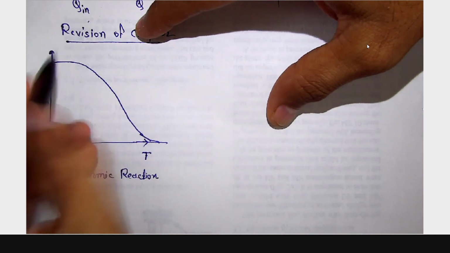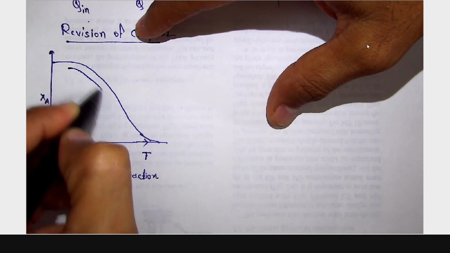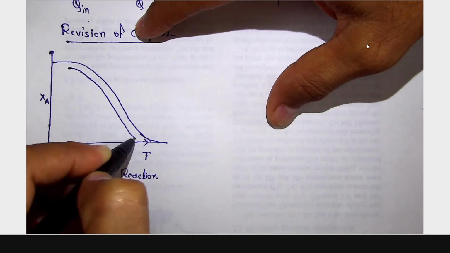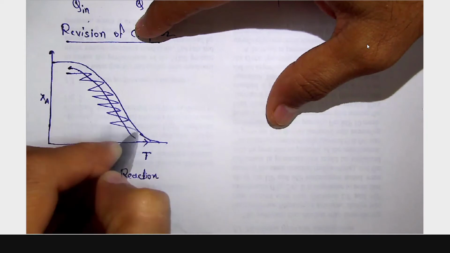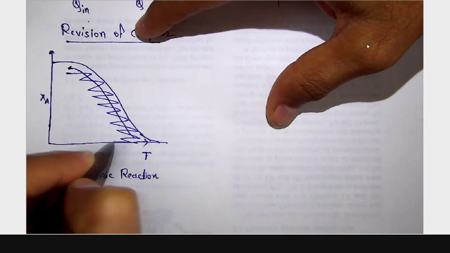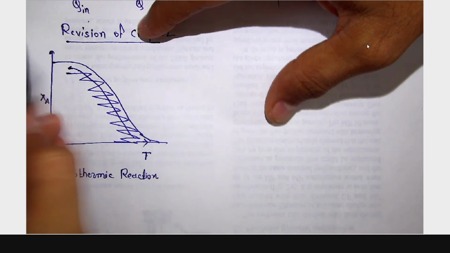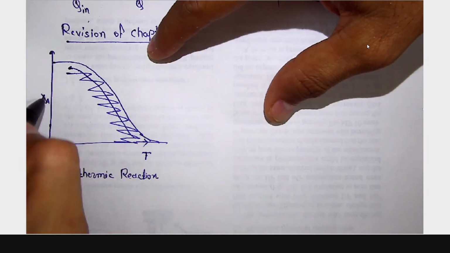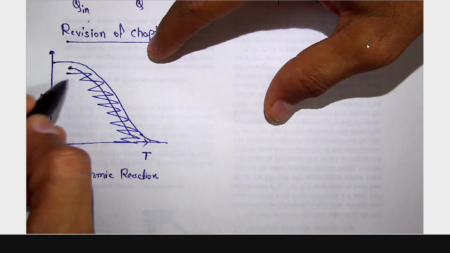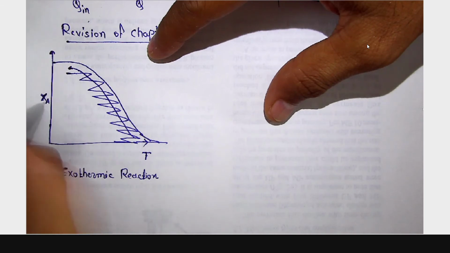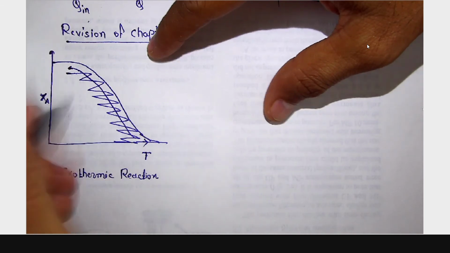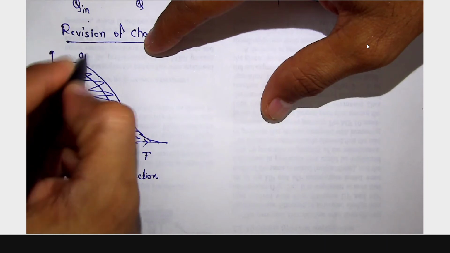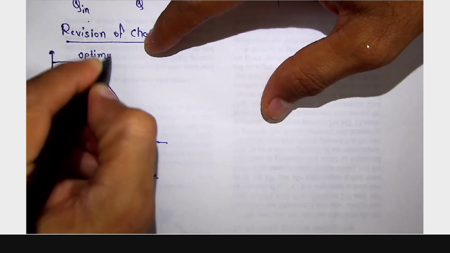And the optimum operating condition will go like this, and you have to use stages to achieve this. So this will be the optimum, because you have to maintain this, otherwise you cannot get proper conversion. You can revise this, okay? This is from chapter number 9.